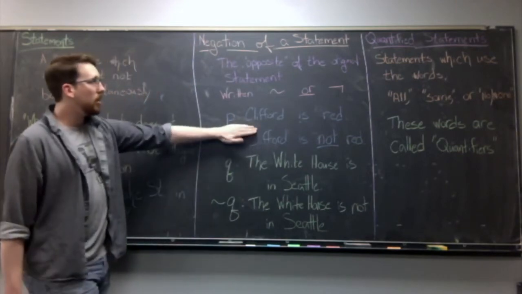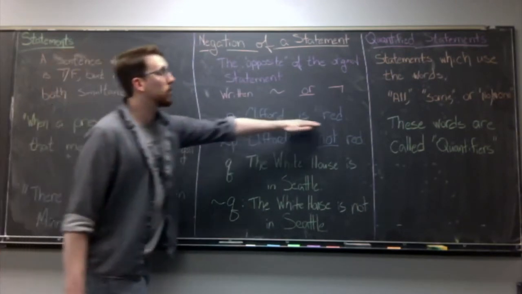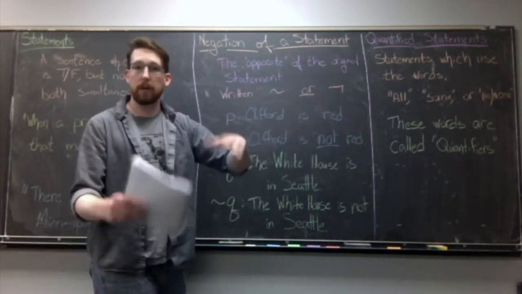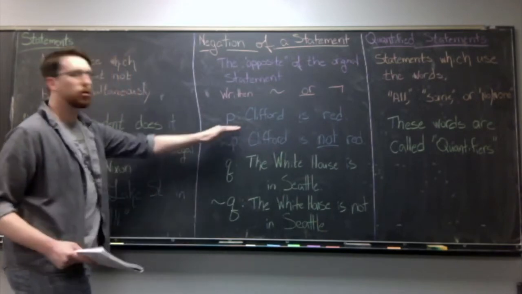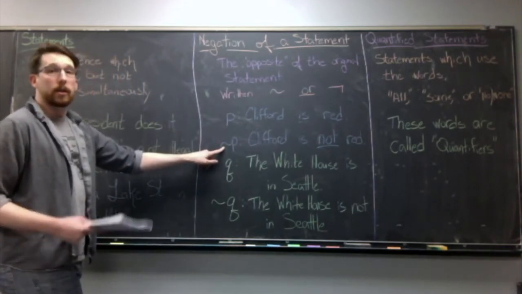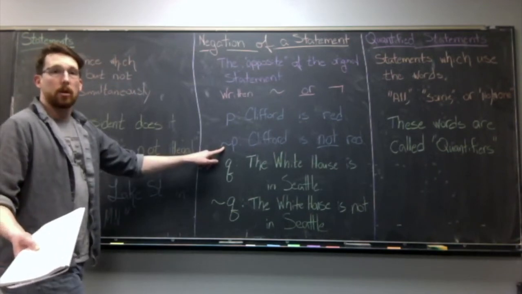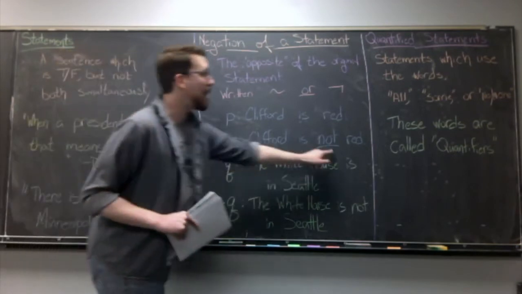So, in this example, P represents the statement, Clifford is red. So Clifford, the big red dog, it's red. True. Cool. P is true. The negation of P is false. The negation of P would also be the statement, Clifford is not red.